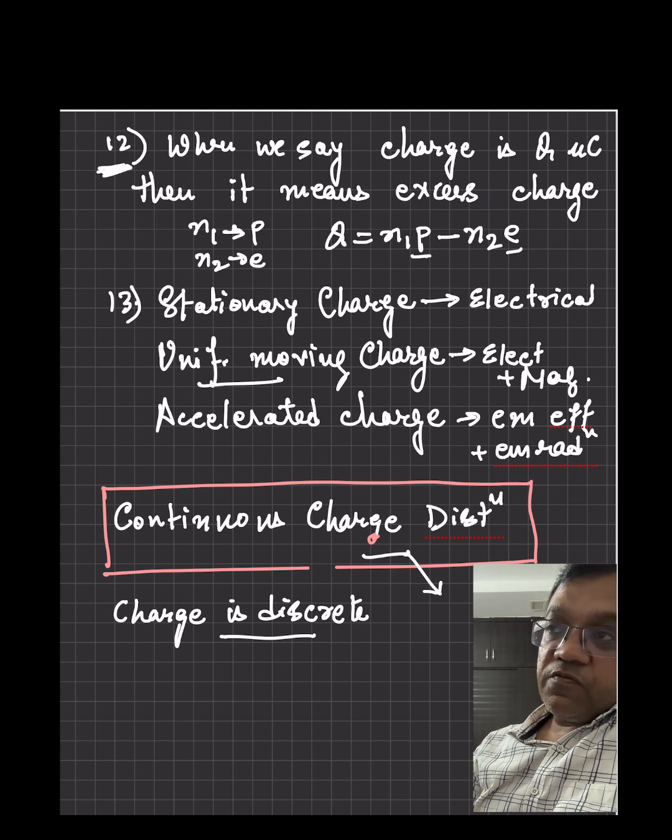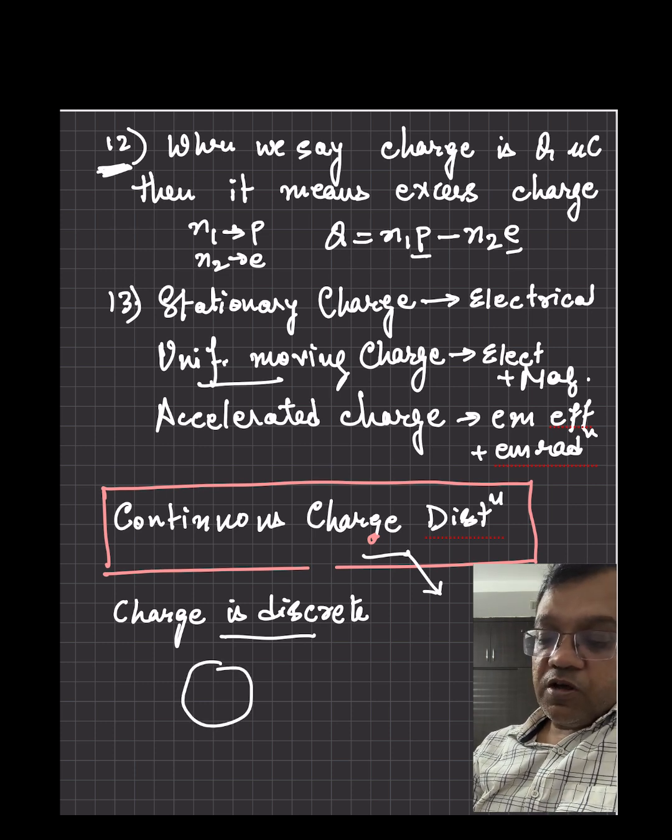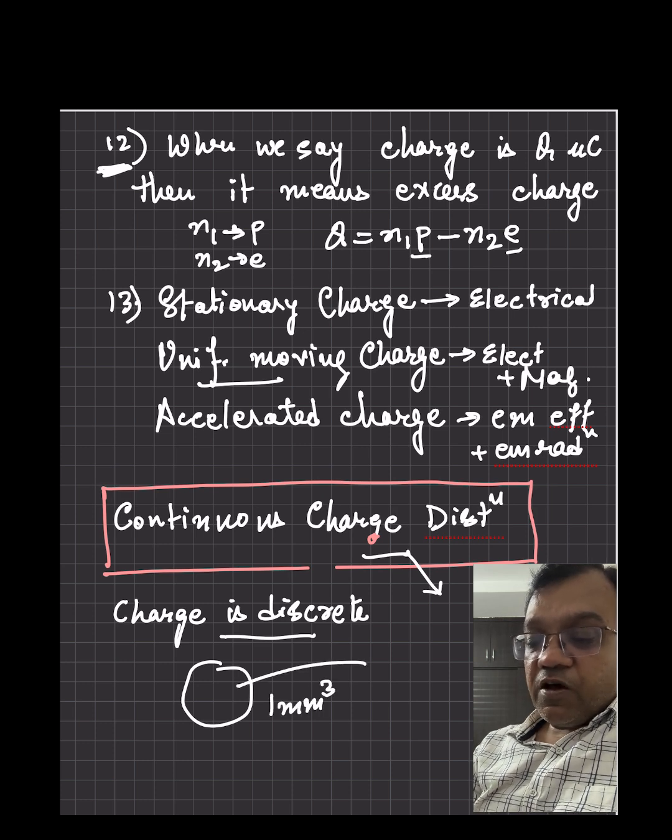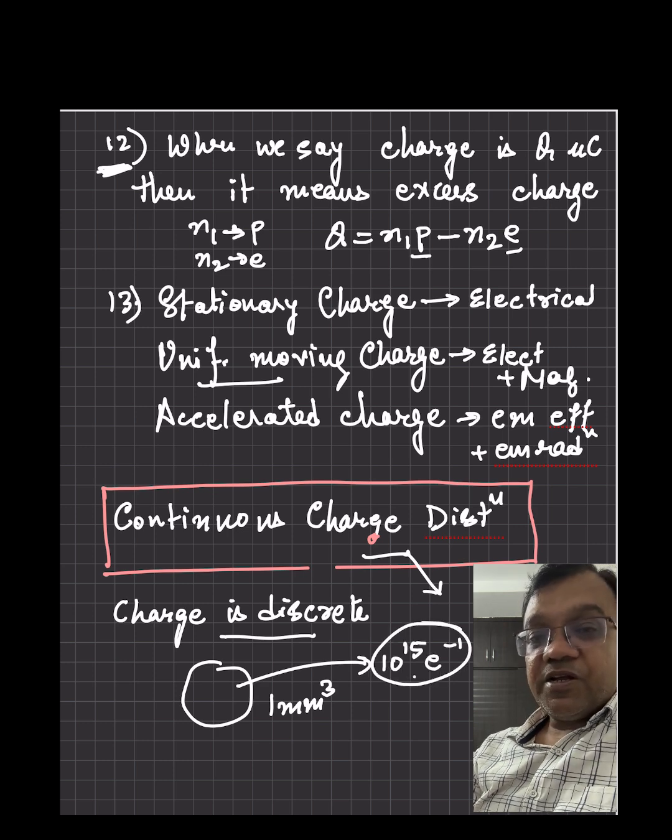If, for example, from a small piece of material, say 1 millimeter cube, we have added or removed 10 to the power 15 electrons, see how big a number it is. If we are removing such a big number of electrons from this small piece, then we can say electrons have been removed from everywhere.